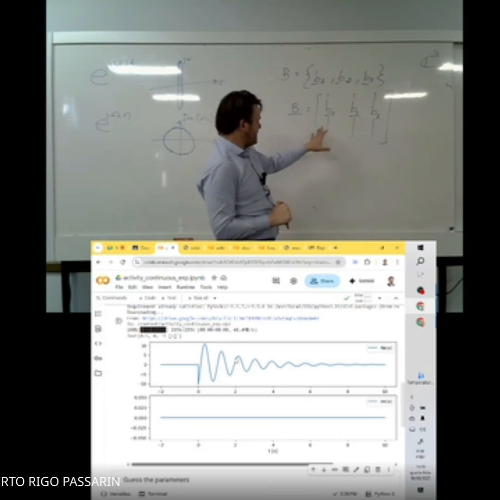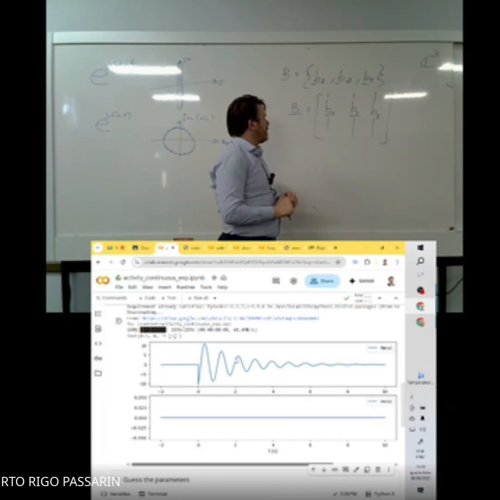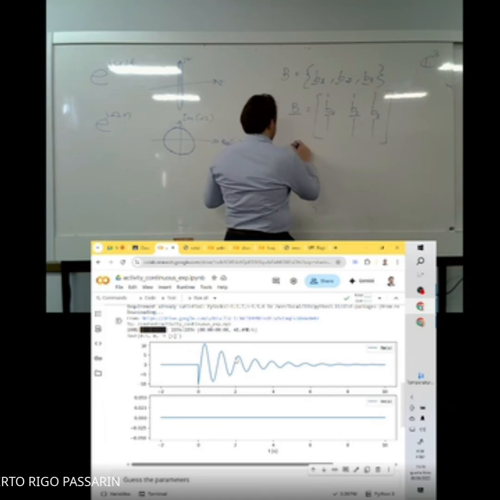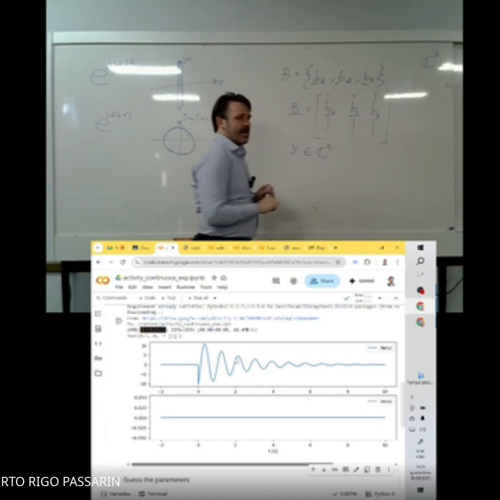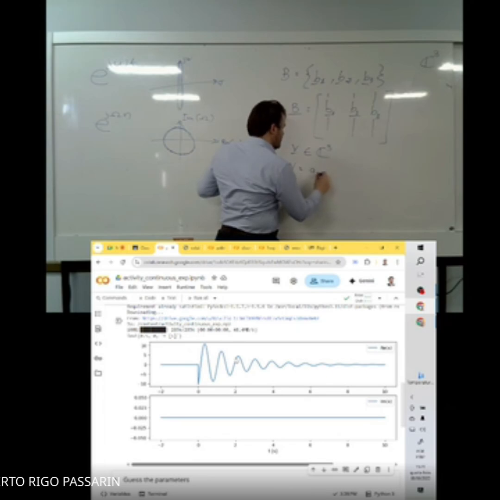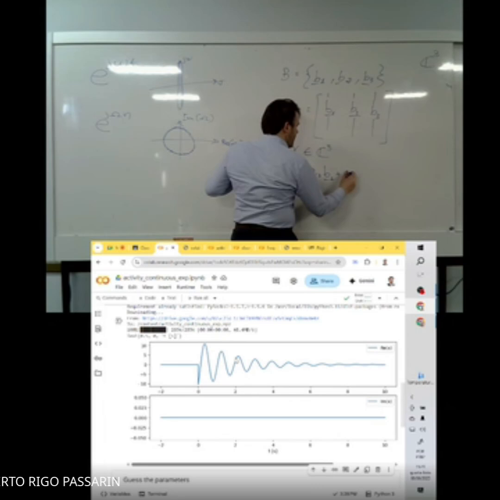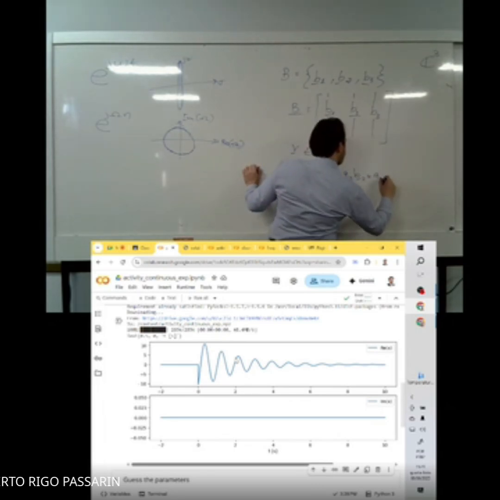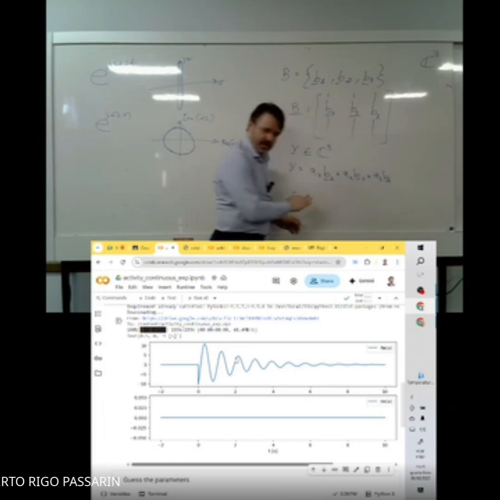If this is a basis for the C3 space, then we can represent any vector v belonging to C3 as v equals some constant, complex constant, a1 times vector b1 plus a2 times vector b2 plus a3 times vector b3, right?